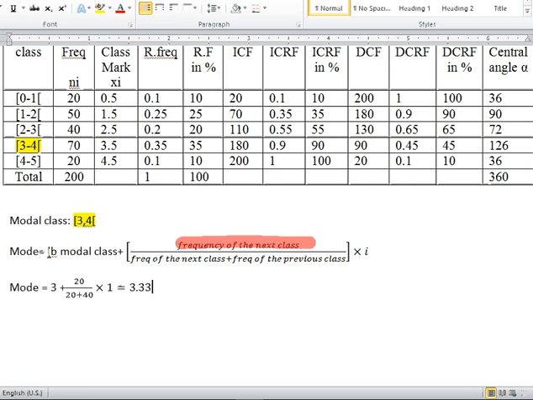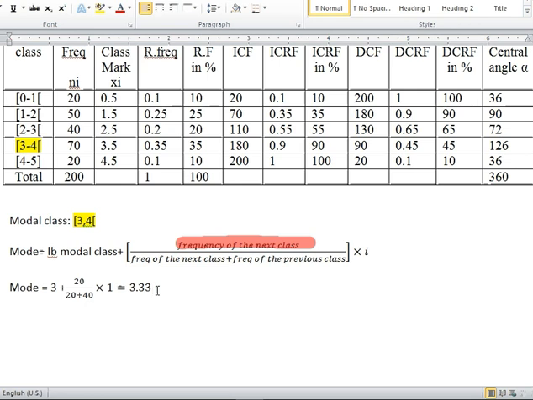Then you use the formula: the lower bound of your modal class, 3, plus the frequency of the class after it, 20, divided by 20 plus the frequency of the previous class, 40, times the amplitude of your interval. You subtract the boundaries to find the amplitude, which is 1 here, and then you calculate.